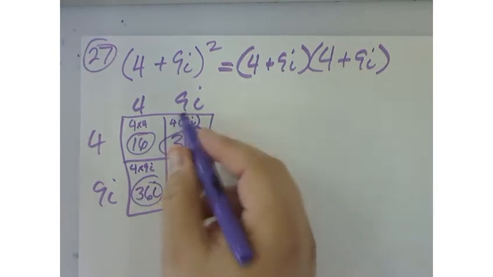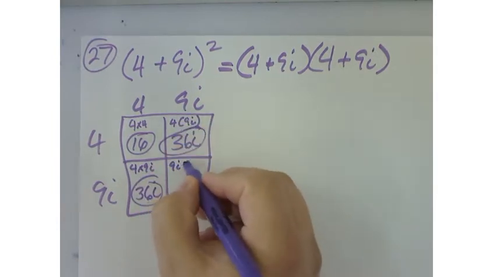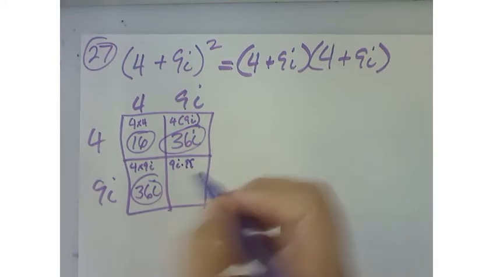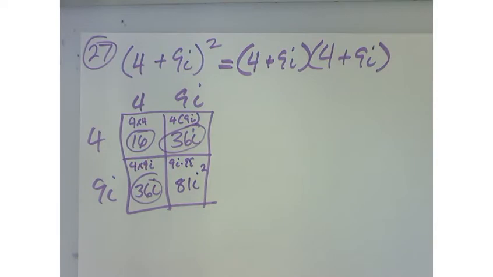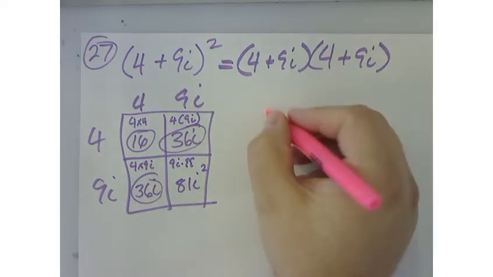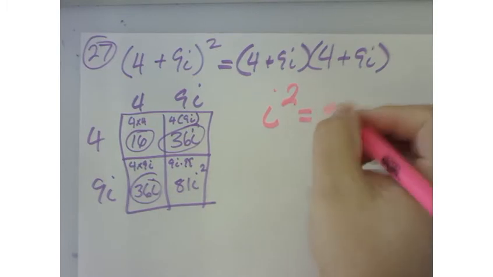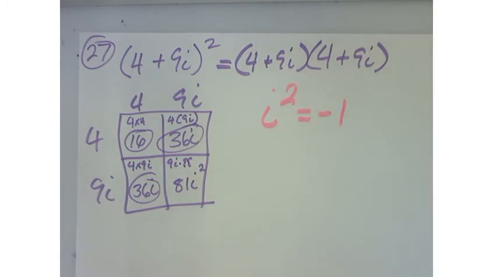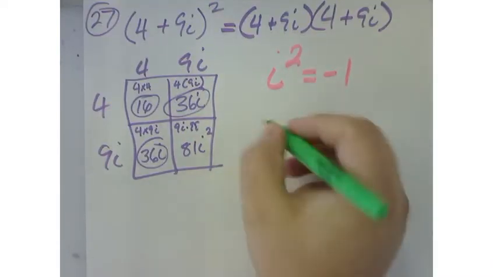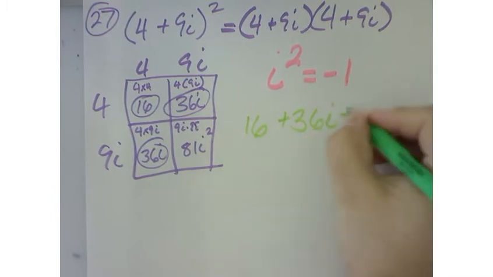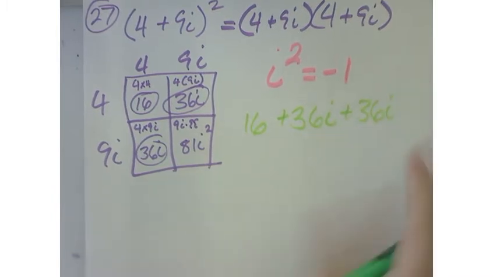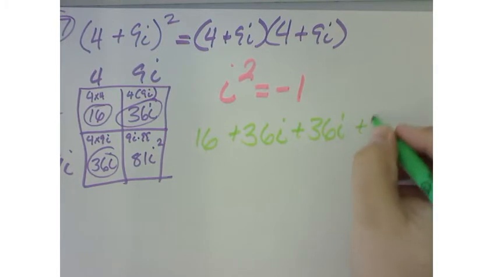And then 9i times 9i is 81i squared. Now we've got to remember that i squared is equal to -1. So if I write this out in the next step, I'm going to say 16 plus 36i plus 36i plus 81i squared.